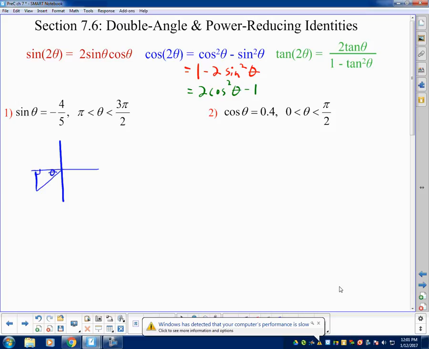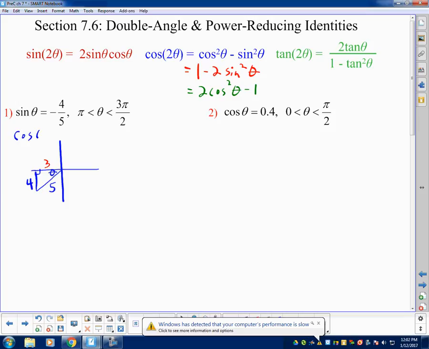There's my theta. This tells me the opposite side is 4 and the hypotenuse is 5, and I like this one. I don't even have to do any squaring. Yes, it's a Pythagorean triple. This right here is 3. I like it when the triples show up. So there's our picture.